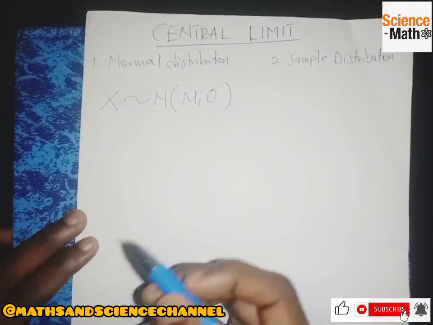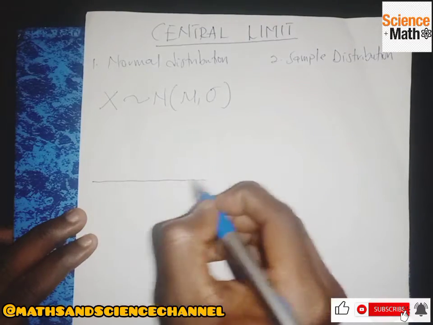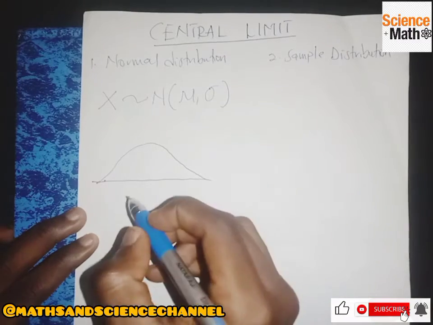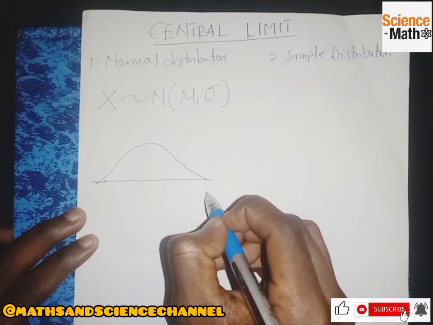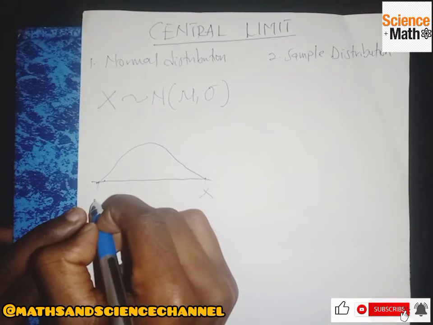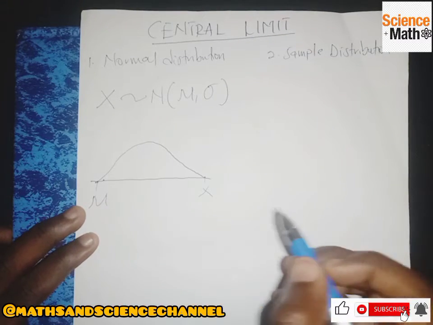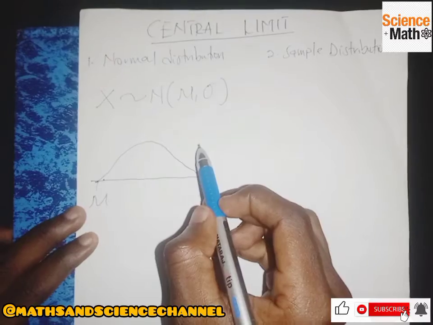So when we sketch the normal distribution graph, something like this, we have the x here and also the mu here. Good. Now that is the normal distribution graph.